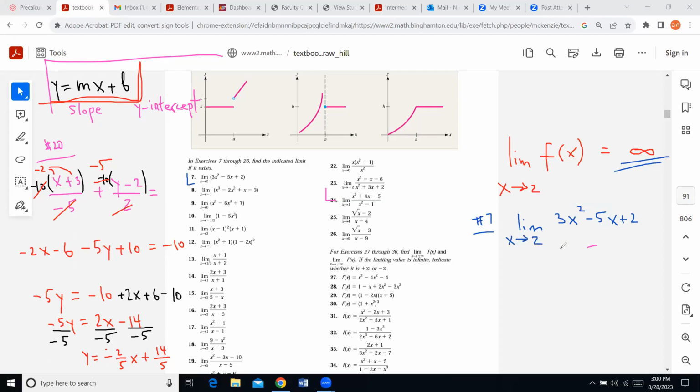So what happens here? Well, you just need to replace the x with that number 2 and see what is going on. So I'm going to put 2 squared instead of x squared. Instead of 5 times x, it will be 5 times 2. And calculate. So 3 times 4 is 12, and then 5 times 2 is 10, and then plus 2.